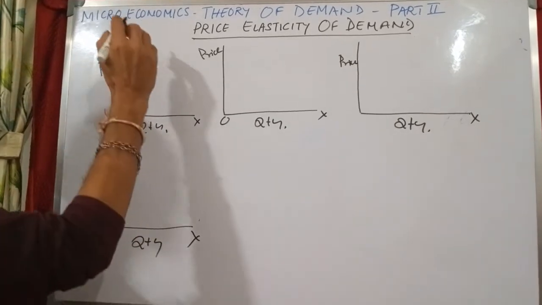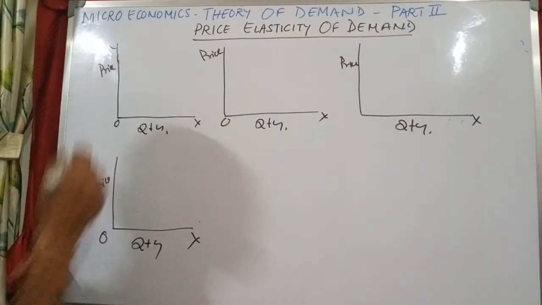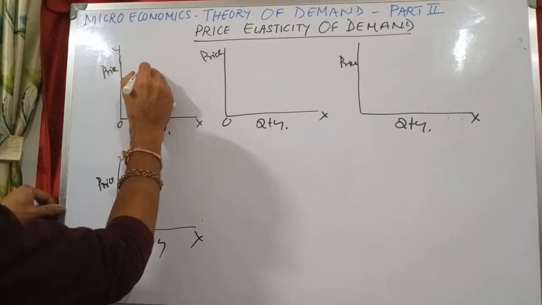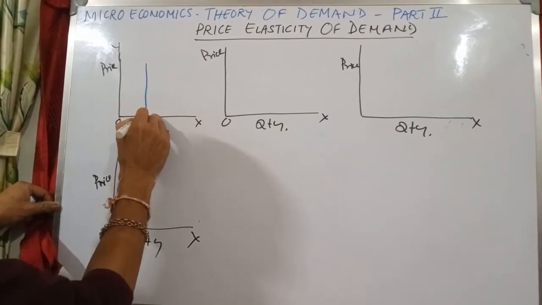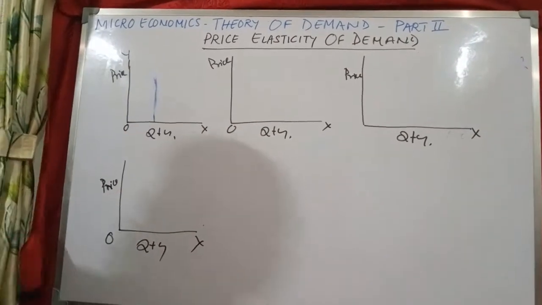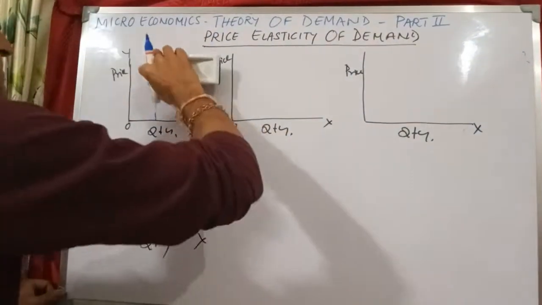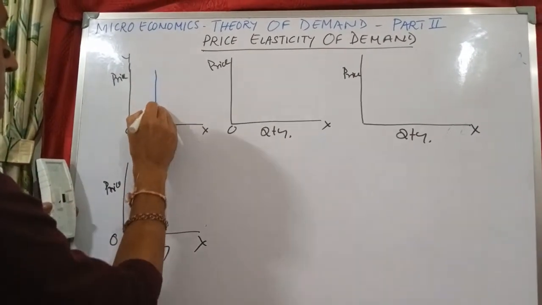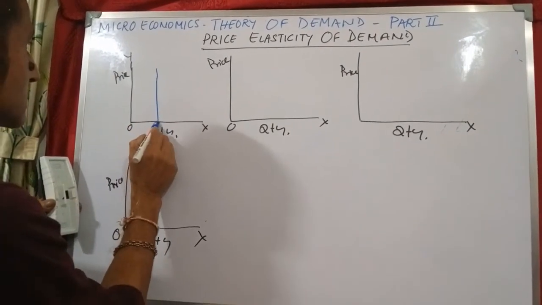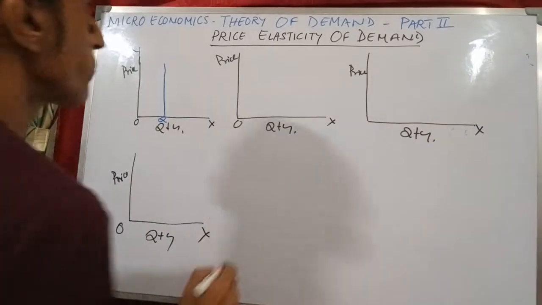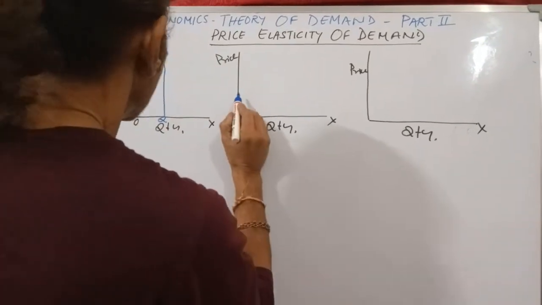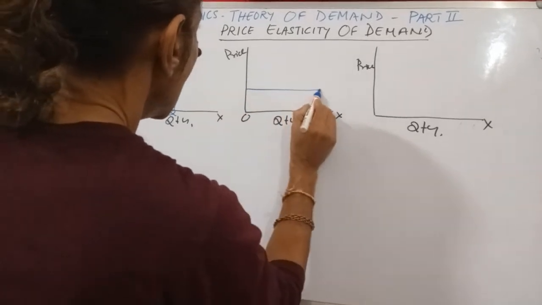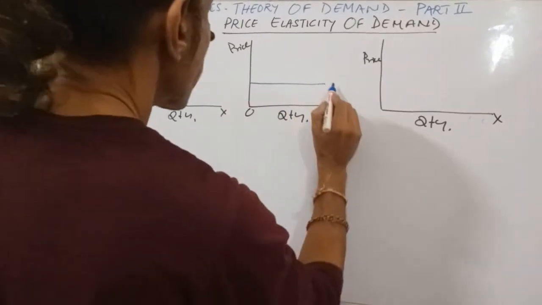Now consider these as the demand curve: a vertical straight line, parallel to vertical axis. On this diagram, consider a horizontal straight line demand curve.